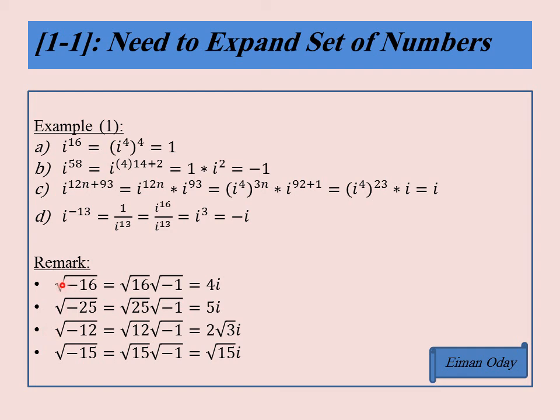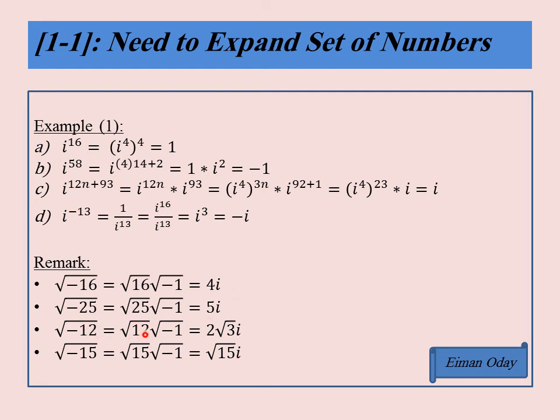What about getting the square root of negative numbers? We will separate the negative from the number. The square root of -16 is going to be 16 multiplied by negative 1. The root here is 4, and the value of the square root of negative 1 is i. Even the square root of negative 25 is 25 multiplied by negative 1, each under the root. This is i, and here is the value 5.